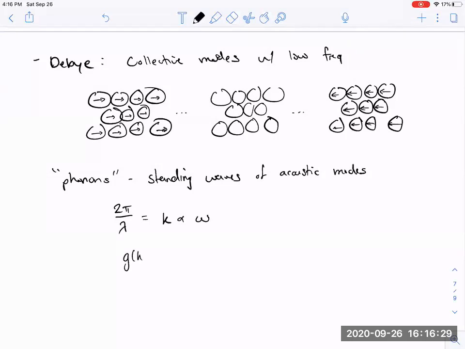The density of standing waves in a three-dimensional system, if the relationship between k and omega was linear, would imply a density of states of omega. There are, in a three-dimensional box, k squared dk number of ways to point a vector in 3 dimensions, implying that g of omega would go like omega squared.